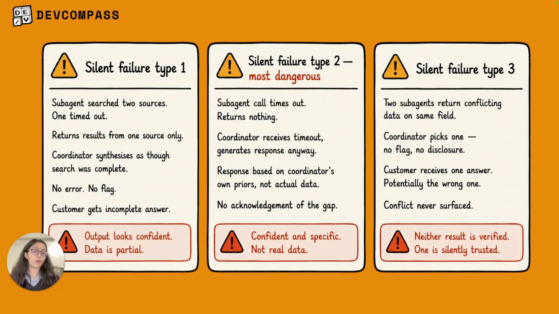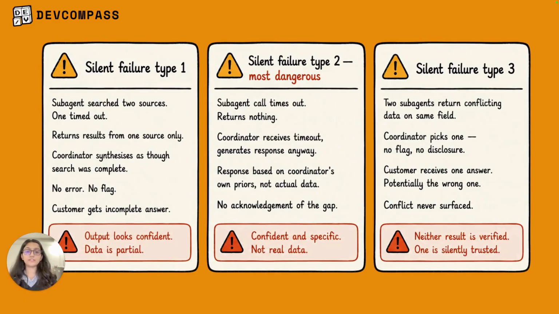It filled in what the sub-agent would probably have said, based on its own knowledge, its own prior context, not the actual data. And this is the most dangerous failure mode because the output looks very confident and specific, but in reality it isn't.